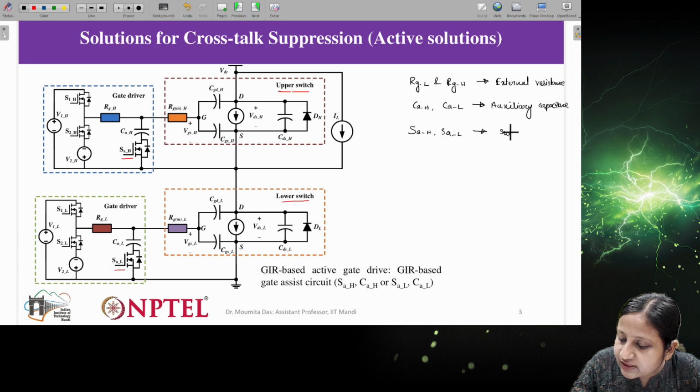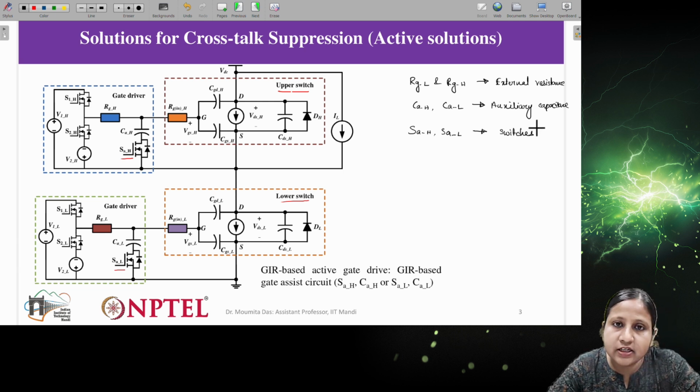These switches help the capacitor to charge with respect to different voltage levels, or to charge in different polarity. So basically, based on the switching turn on and turn off condition, we can actually regulate this impedance.